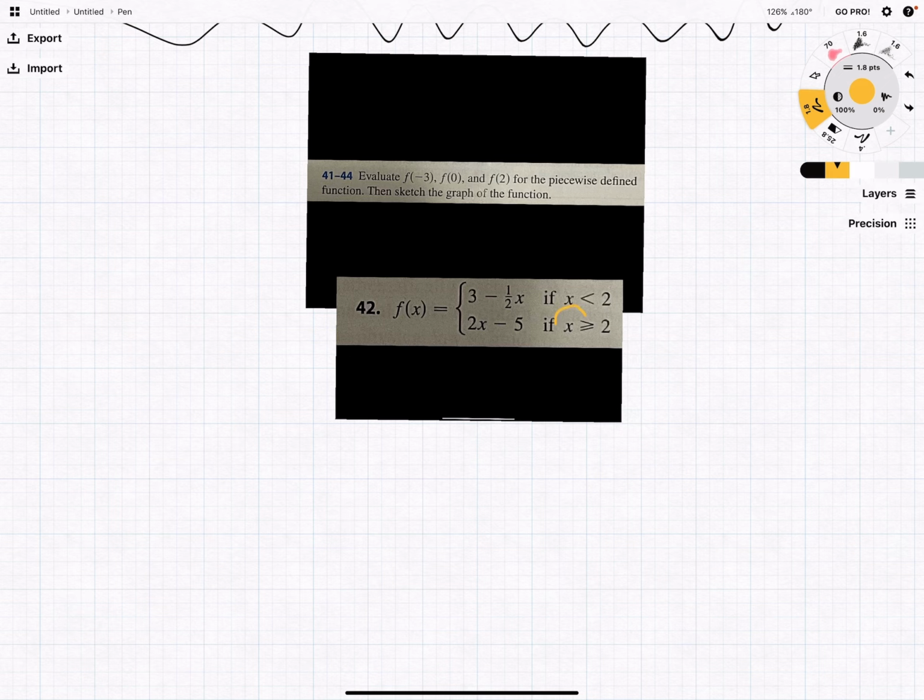If x is greater than or equal to 2, then we'll use this function, 2x minus 5. And so most likely what we're going to get are two lines that behave a little bit differently.